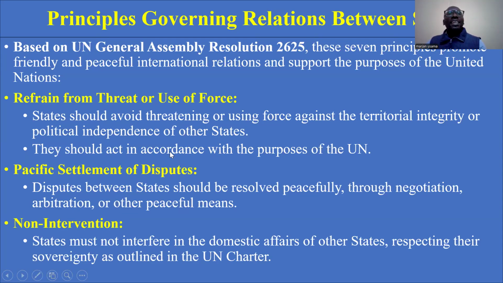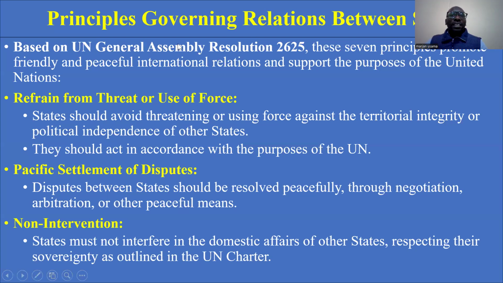They should act in accordance with the purposes of the United Nations. So if you have 2 countries, they should refrain from threatening each other or using force. It should not happen. It's very wrong under international law.